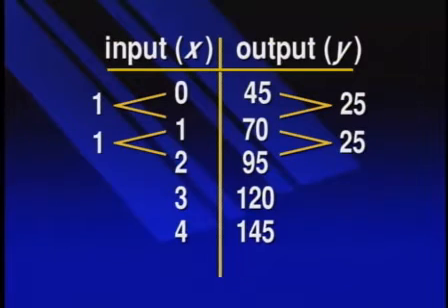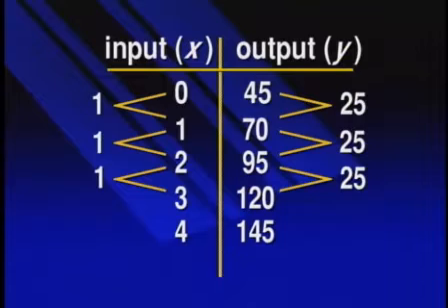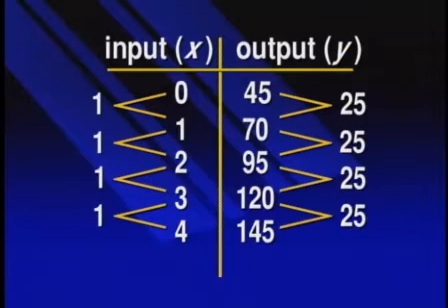And so on, down to the change between 3 and 4 is 1, and the change between 120 and 145 is 25. For each change of 1 unit in the input column, which is a change of 1 hour, there is a corresponding change of 25 units in the Y column, which is $25.